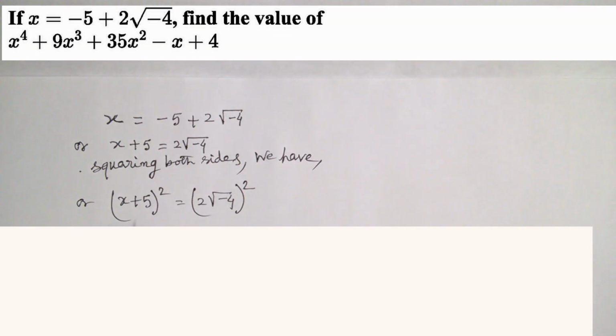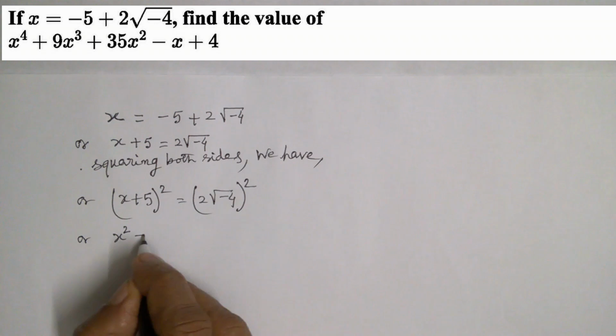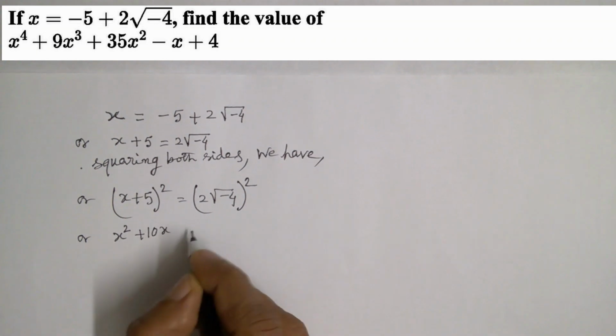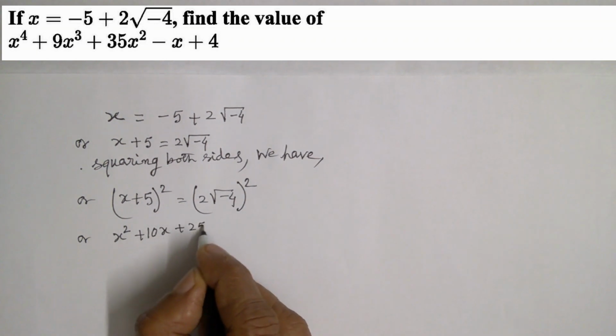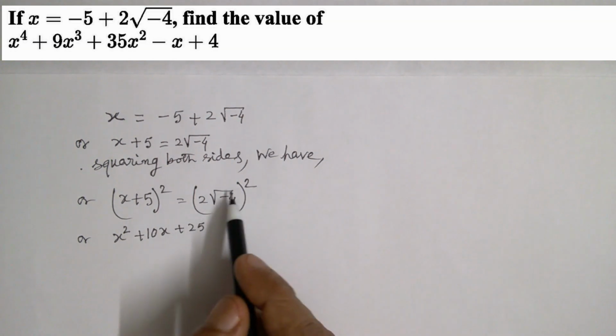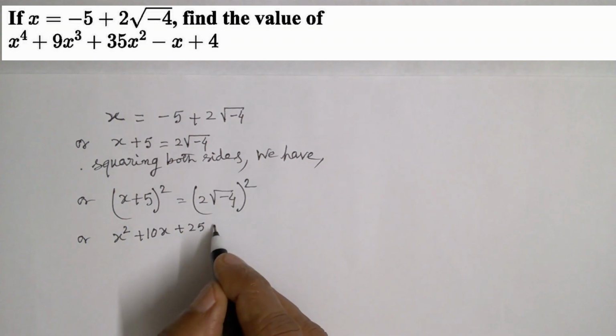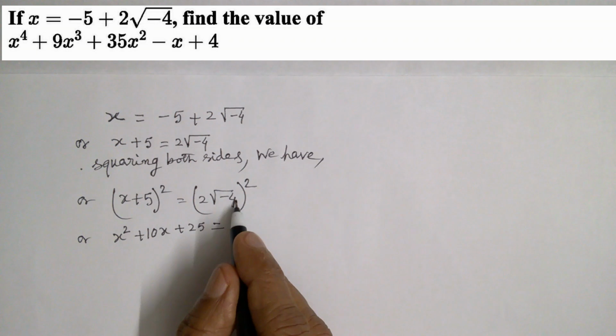After expanding x plus 5 whole square, what will be x square plus 10x plus 25. This will be 2 square is equal to 4, and root over minus 4 whole square is equal to minus 4, so ultimately minus 16.